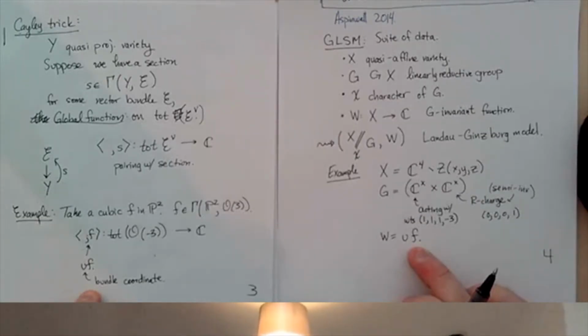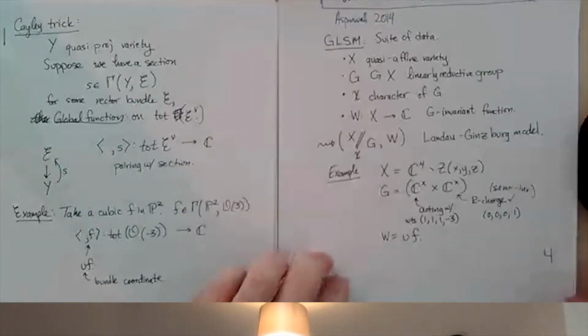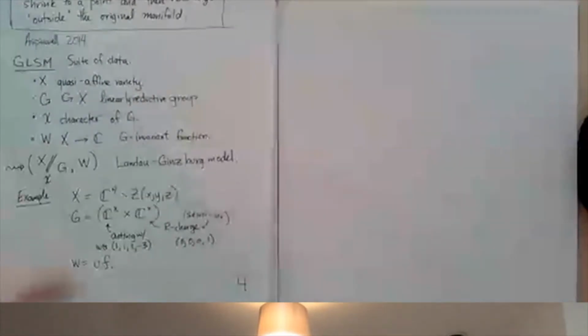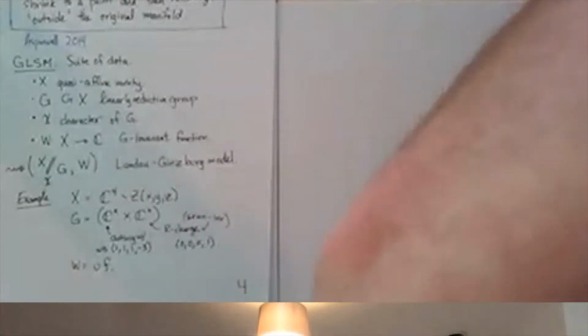So this matches what we have here. A way to think of it is this global function. All right. So that's what a GLSM is.